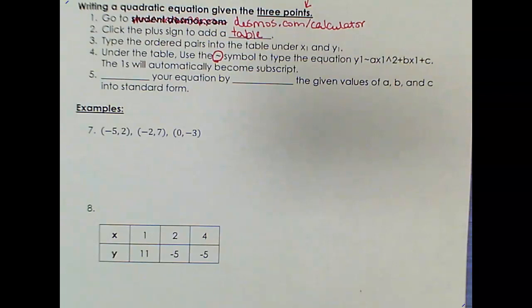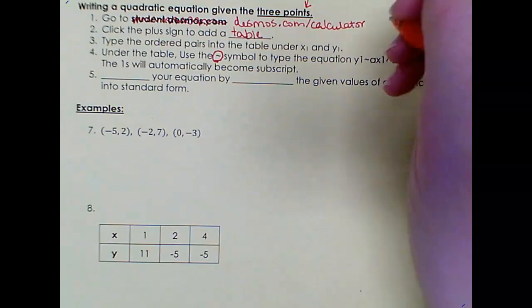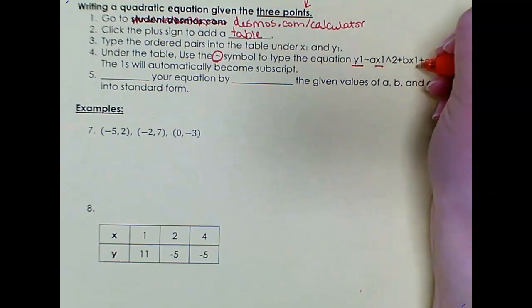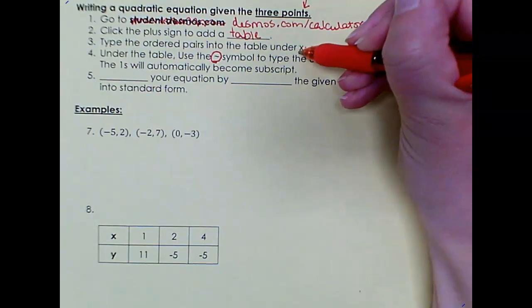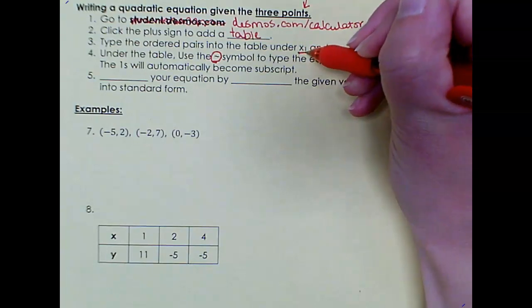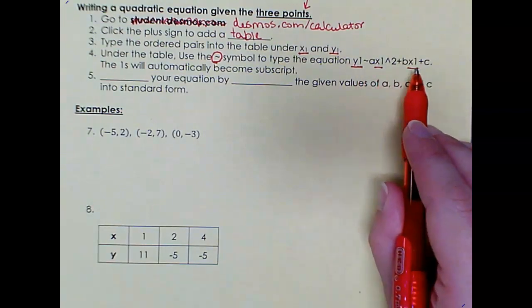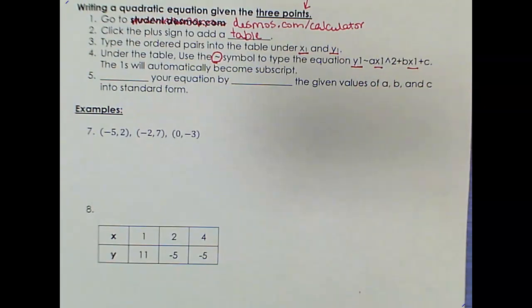So Desmos recognizes this as pulling your y1 values and your x1 values from the table. So that's how Desmos knows to pull those values to create your equation. The 1s here for the y's and the x's will automatically become subscript, so it'll be like y sub 1s and x sub 1s, which is what you want.